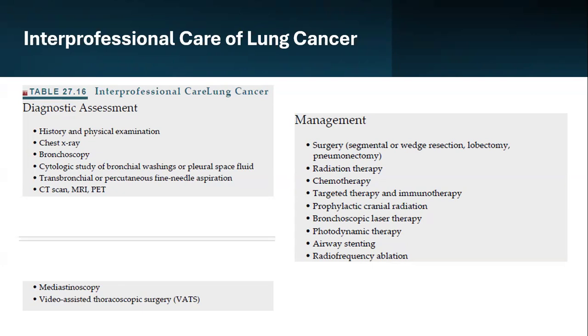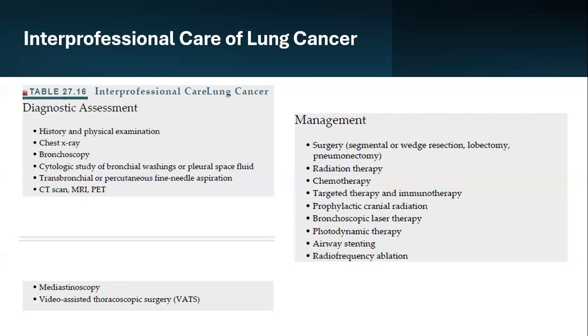Okay, for the diagnostic assessment, accurate assessment of lung cancer is really critical for staging and determining appropriate treatment. Bone scans and CT scans of the brain, pelvis, and abdomen are used to determine if metastatic disease is present.